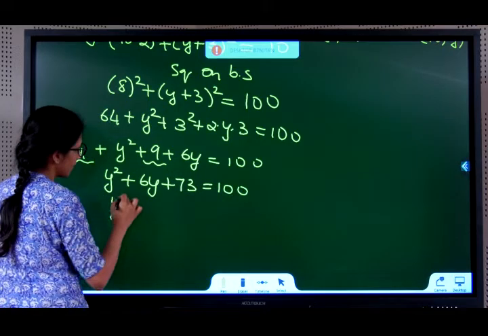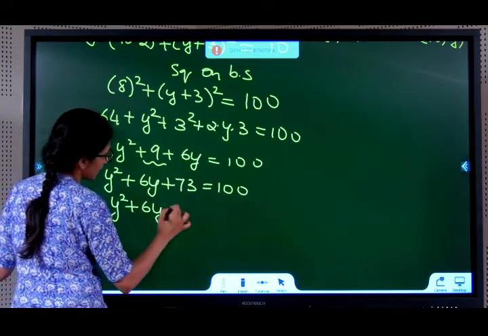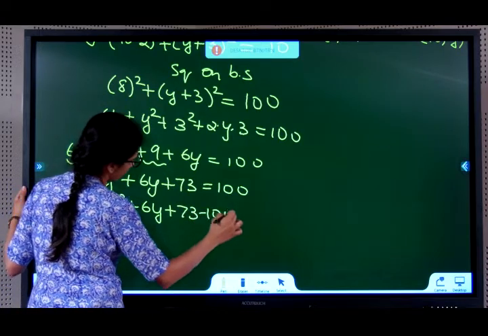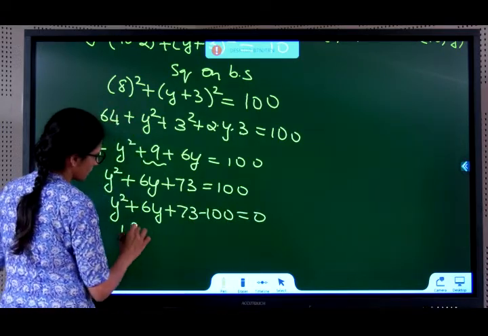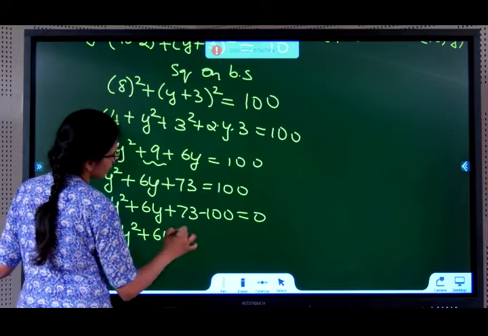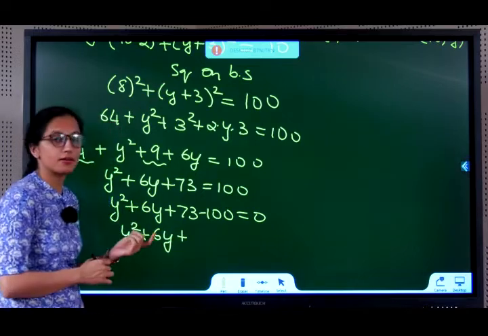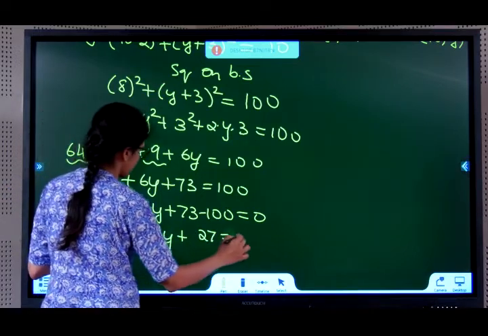Bring the 100 this side. y square plus 6y plus 73 minus 100 is equal to 0. y square plus 6y, 73 minus 100, minus 27, is equal to 0.